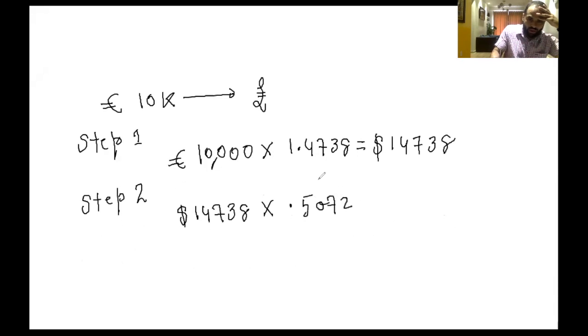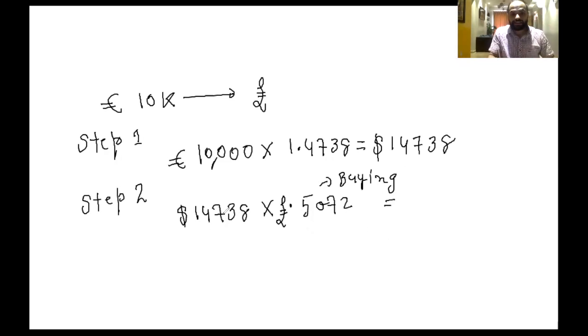0.5072. Why? Because we are buying pounds. We have dollars, so if we have $14,000, we have to convert into pounds. So we are buying pounds using the bid price according to European terms, or the ask price in American terms.